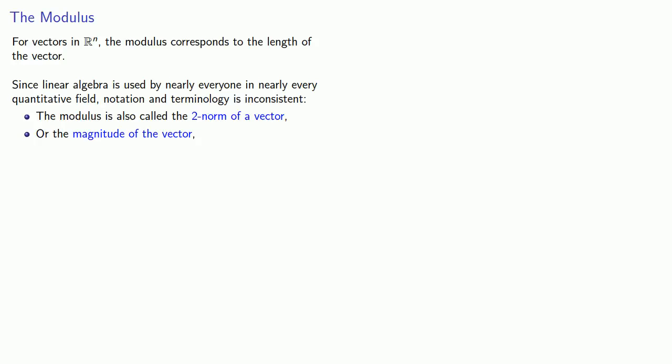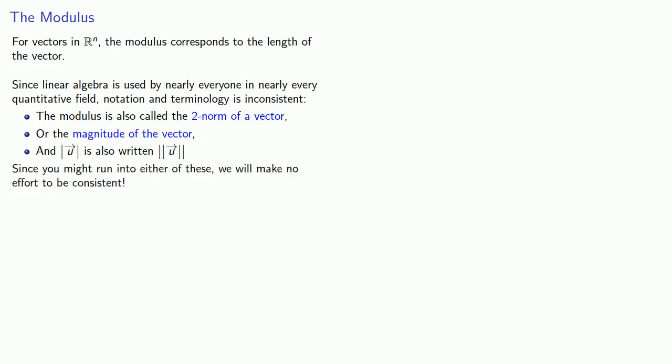And because it's easy to read the bars here as absolute value or determinant, sometimes we double them up to indicate the modulus. And if I were a kind and generous soul, I would take great pains to be consistent. But I'm not. More importantly, it's likely that you'll run into any one of these forms of notation or terminology, and so just to prepare you for the possibility that you might run into variant notation or variant terminology, we will make no effort to be consistent.